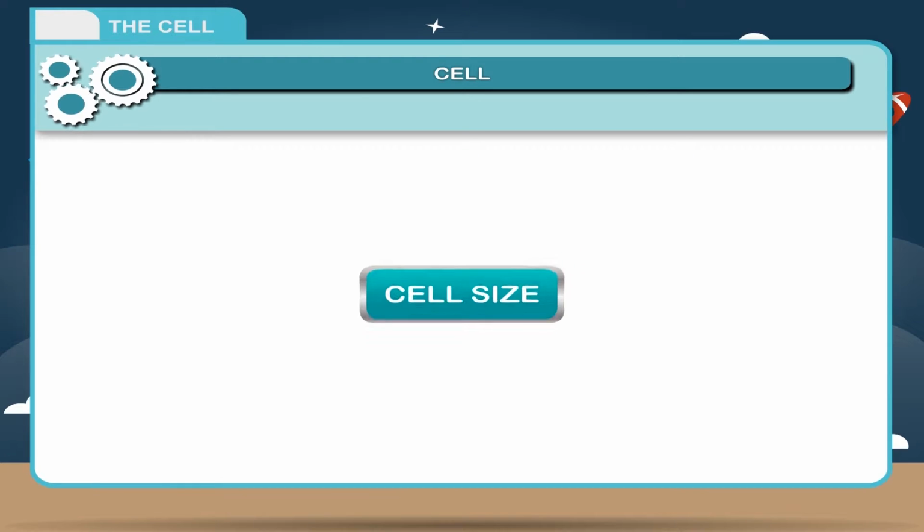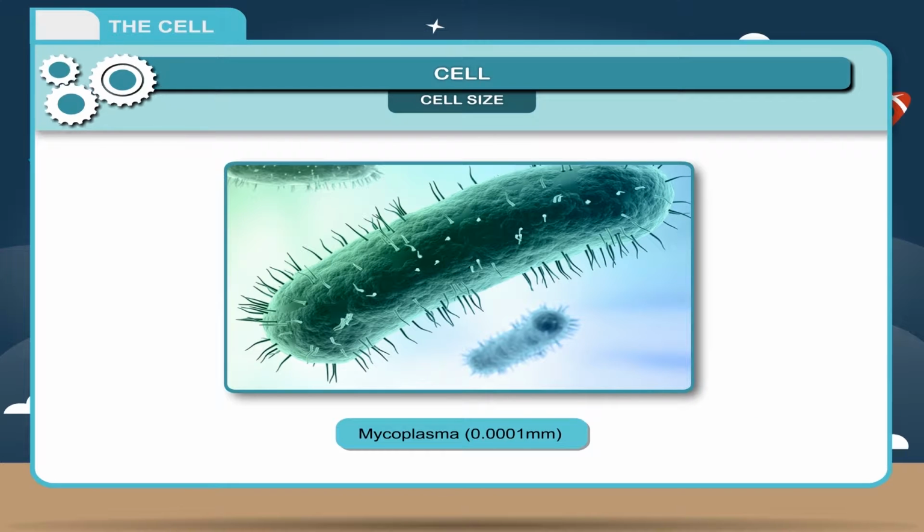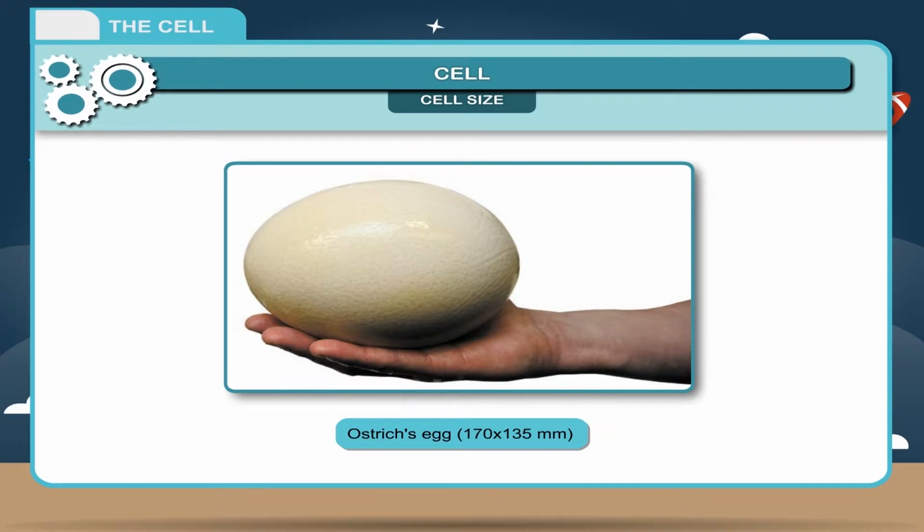Cell size. The size of cells varies in different organisms. The smallest cells are of mycoplasma, 0.0001 millimeter, while the largest animal cell is the ostrich's egg, which measures about 170 by 135 millimeter.